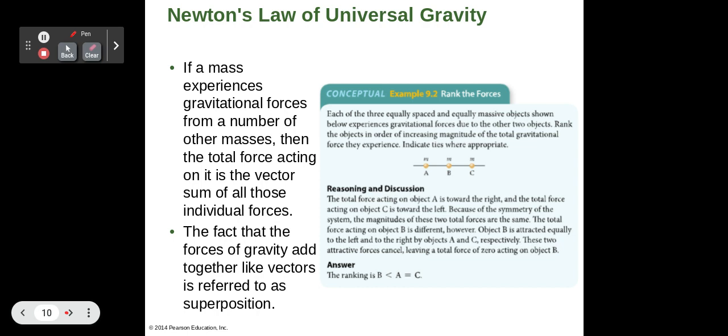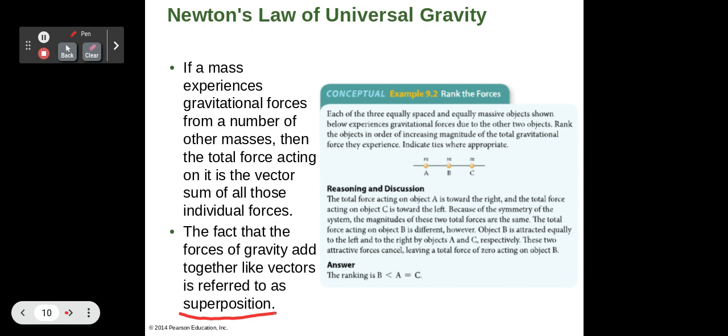So remember, we're talking about a force, which is a vector quantity. And then you're just going to add up all of those vectors with their directions, okay? The fact that the forces of gravity add together like vectors is also referred to as superposition. So we're going to add them up as a vector, not just as the magnitudes, okay?